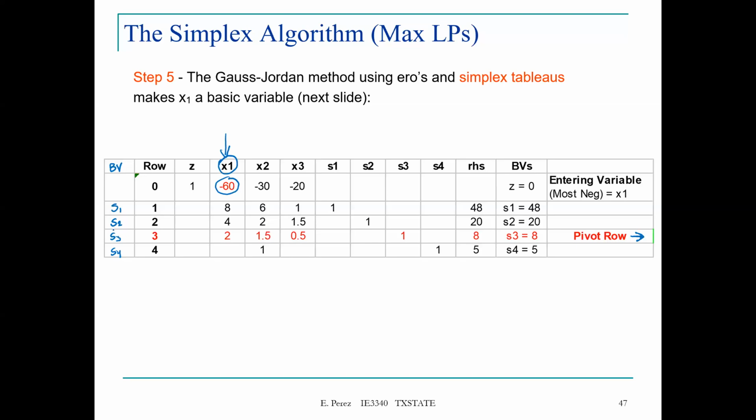So S3 is leaving. So I need to find the intersection of both. So that intersection is this number right here. So if you observe on this side of the table, if I complete these zeros, we can identify the basic variables by looking at the format of their columns.